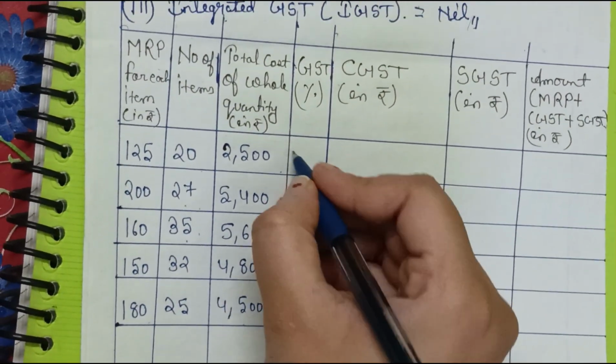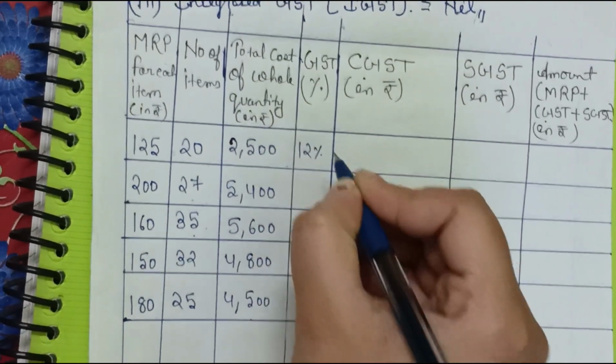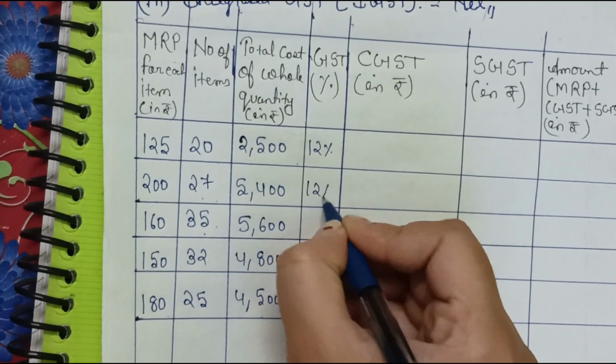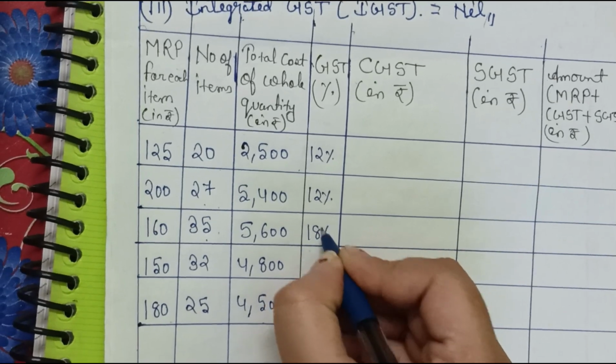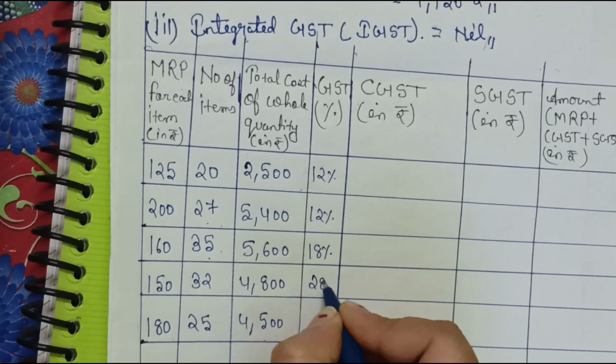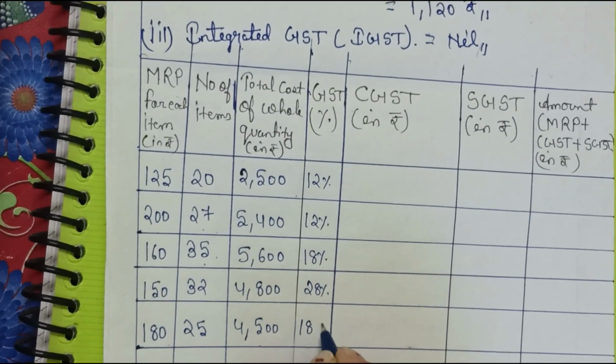GST percentage is 12%, 12%, 18%, 28% and 18%.